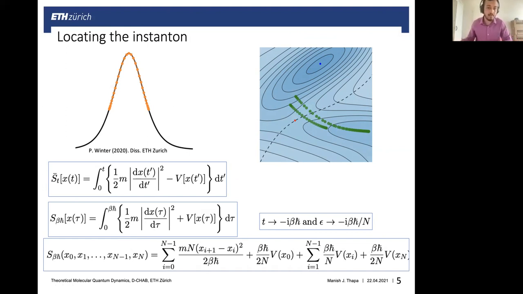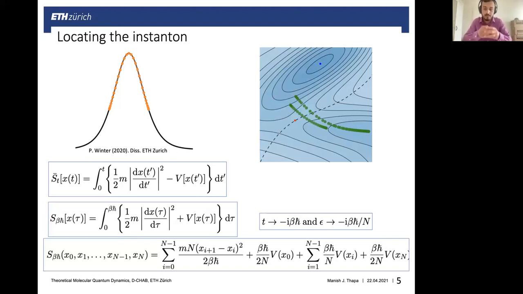So you use finite differences for the derivative and the trapezium rule for the integral, and you can obtain your action in this discretized form. So it contains this spring term, which comes from the discretization of this term here, and then there's this potential energy term right here. So what it looks like is many copies of a classical particle connected by harmonic springs, right? So essentially, that is what delocalization is.